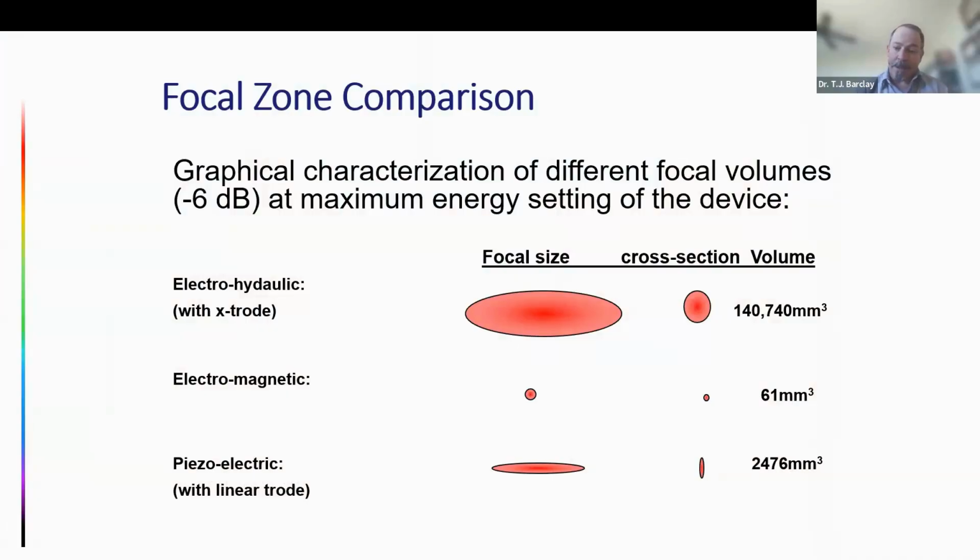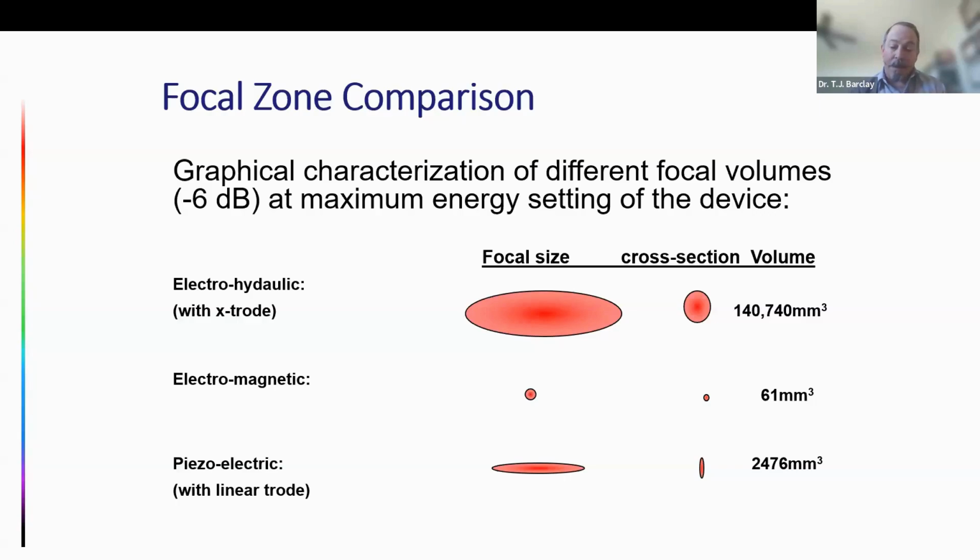So as a bit of a volume reference, if we were going to compare their relative volume: the focal zone produced by the electrohydraulic method, with the small animal trode that is in common use, is roughly the size of a plum, and with the other two generators, that focal volume is roughly the size of a grain of rice.